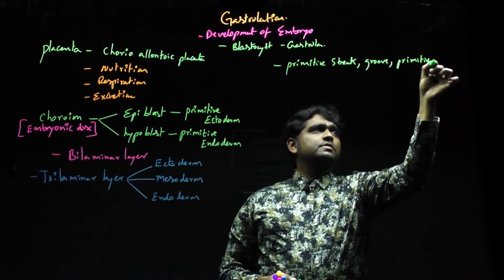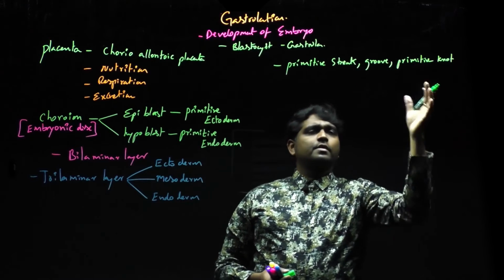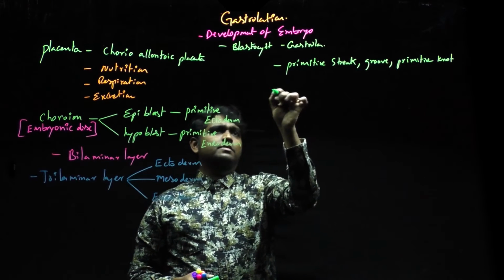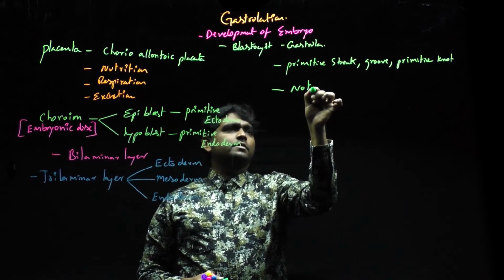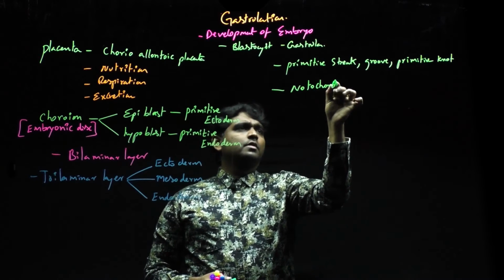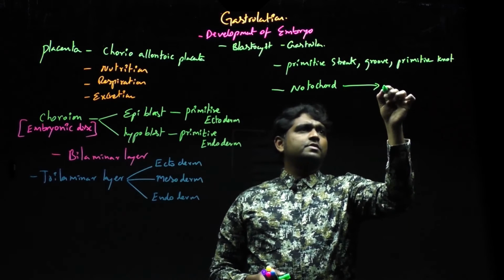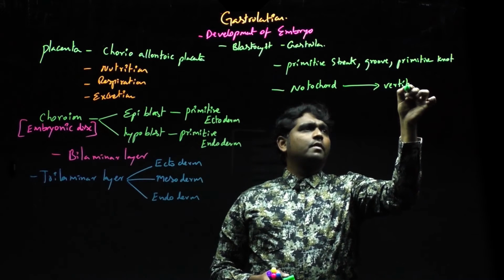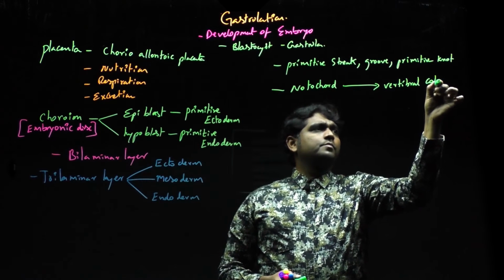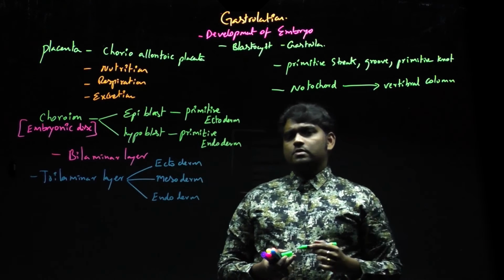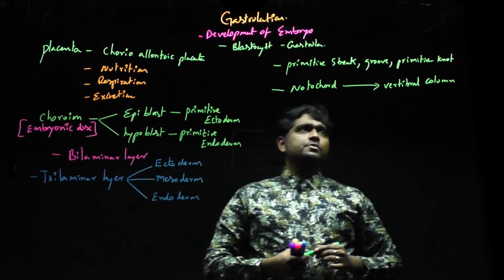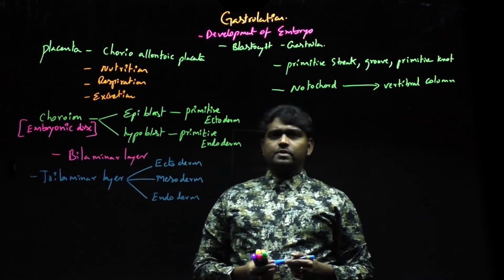These are the stages in which the embryo moves further toward structures, and finally develops a structure called the notochord. The notochord gradually becomes a solid structure called the vertebral column. So the complete process will be observed in the development stages.